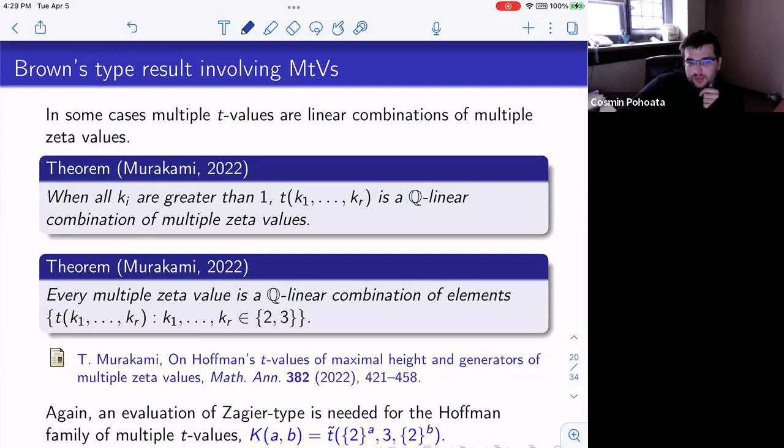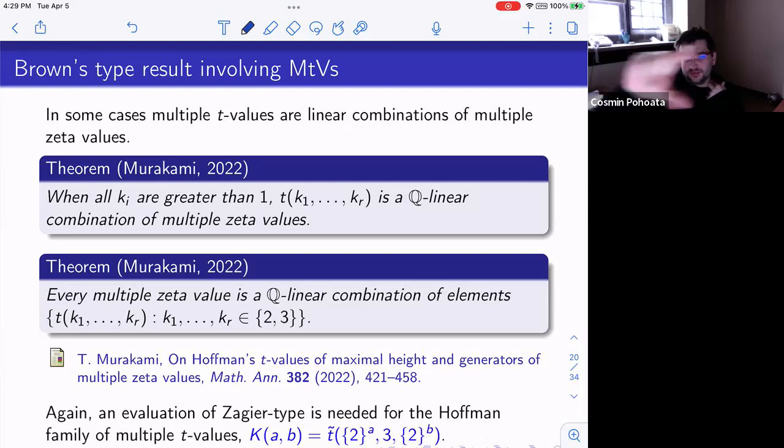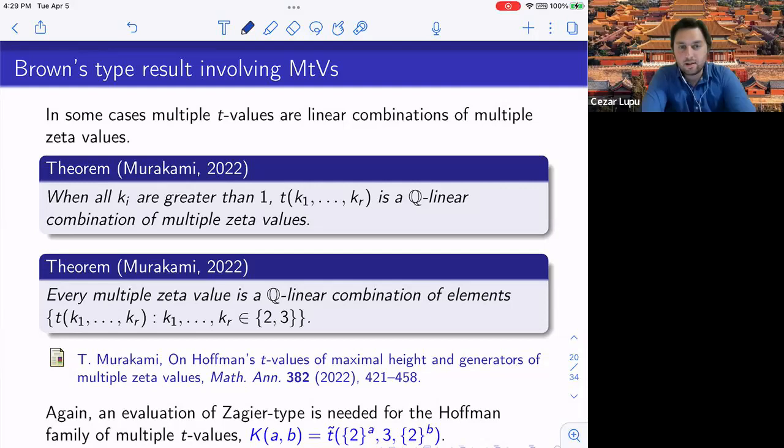So the first theorem has a motivic proof, whatever that means. I don't know anything about that, but it's not elementary. You mean the first theorem? The first thing that you wrote in this slide, yeah. It's not elementary. It uses motivic arguments. Okay.